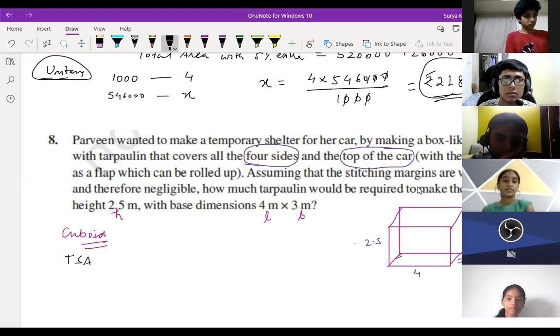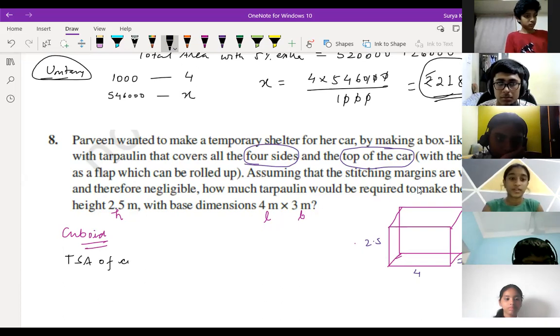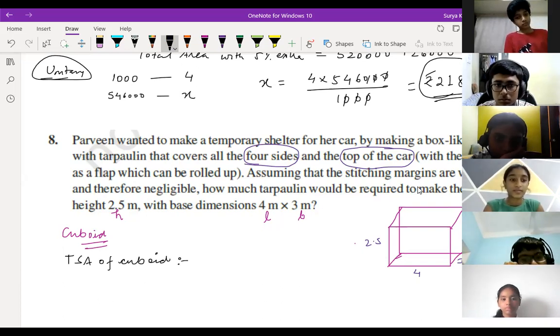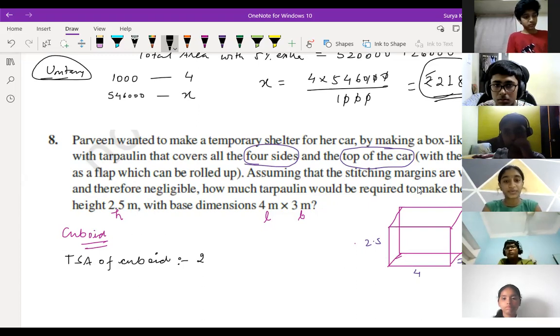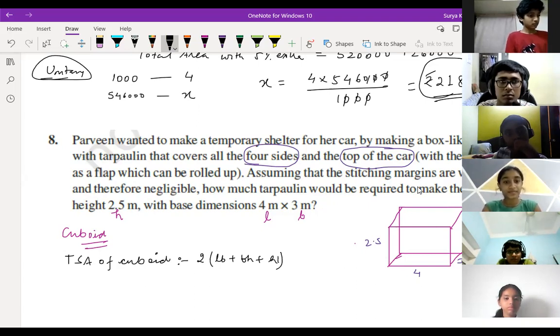What is it? 2 into (LB plus BH plus HL). Okay. This is the total surface area of the cuboid, in which we don't want the base.